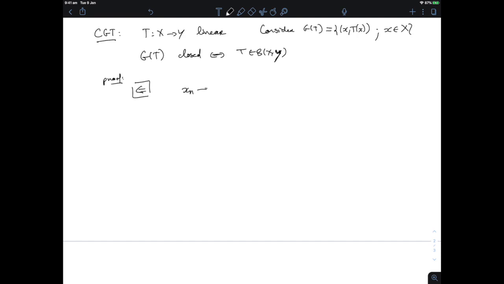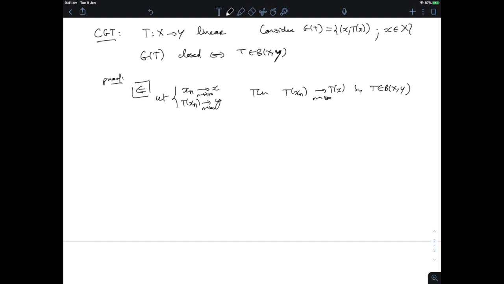Well, if I have x_n that tends to x, and T(x_n) that tends to some y. So I take a sequence in the graph, and I assume that this sequence converges in X cross Y, and I want to show that the limit is in the graph. Well, T(x_n) will have to converge to T(x) by continuity.